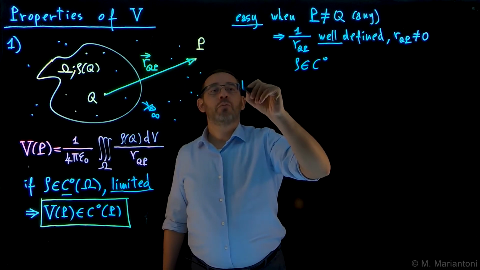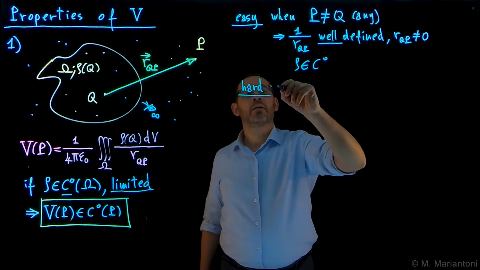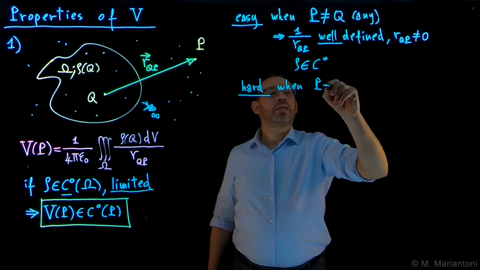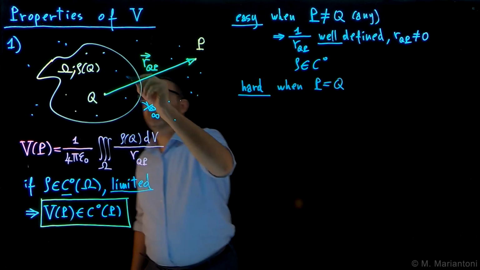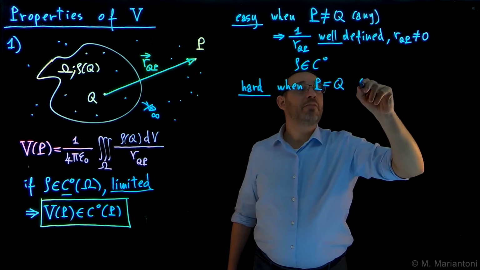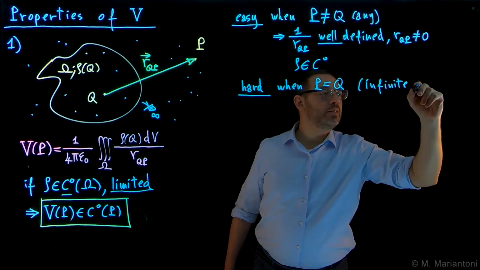The hard proof, which I cannot do for time reasons in this course, is when, on the contrary, it so happens that P coincides with one of these points inside capital Omega. In fact, there can be an infinite set of such coincidences.